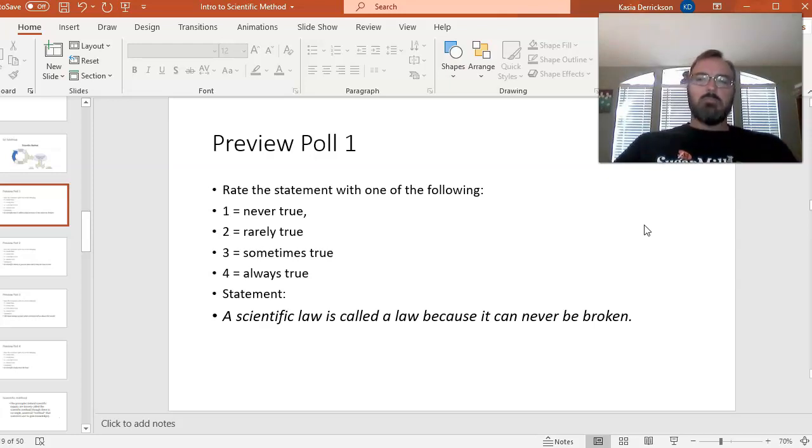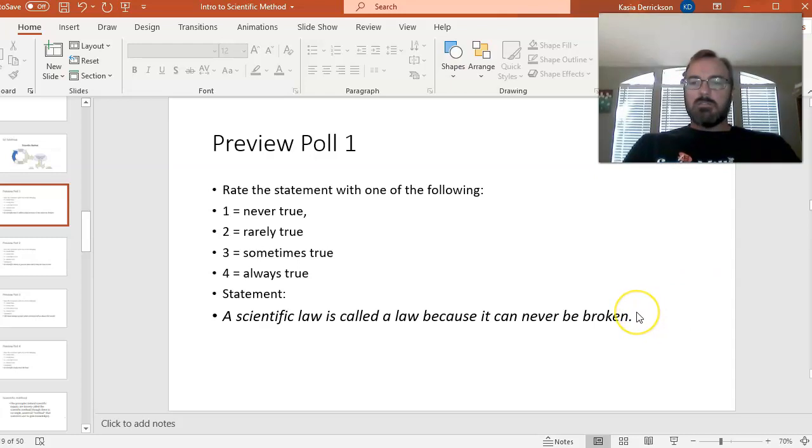And I think most of my students, and this is an okay kind of initial interpretation, would say that's always true. It's a law because it's a law. And I want to add some nuance to this idea of a law, as if it's a law that was passed by a judge or something, and you can't ever break that. All right, sorry, it's passed by the legislature, enforced by the judge or something like that.